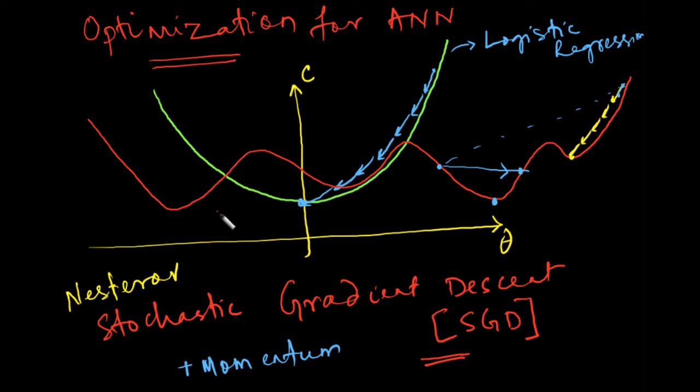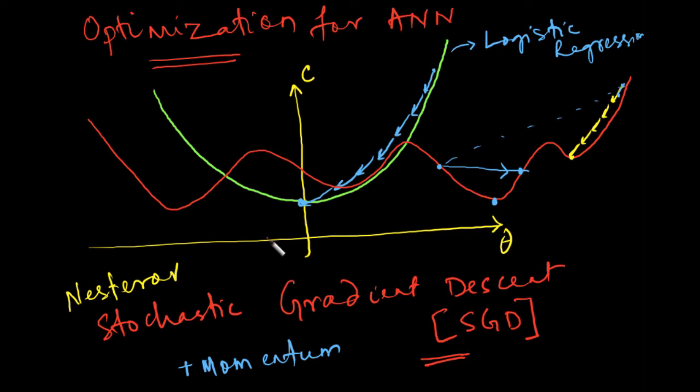The point that I'm trying to make here is that you need to add some amount of stochasticity to your gradient descent in order to first make the algorithm converge faster, and secondly to ensure that the algorithm converges to something that is closer to a global minima.